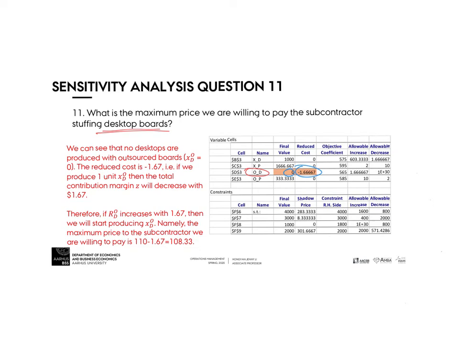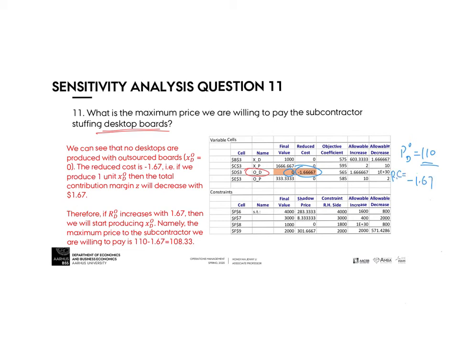In that case, if we use PO for desktop, this price is 110, if you still remember this price from the subcontractor, and now the reduced cost is minus 1.7.